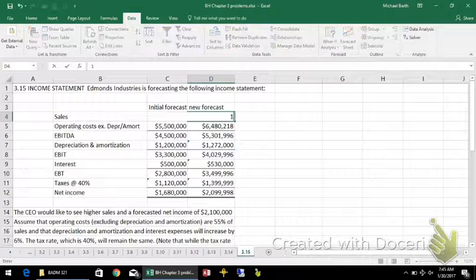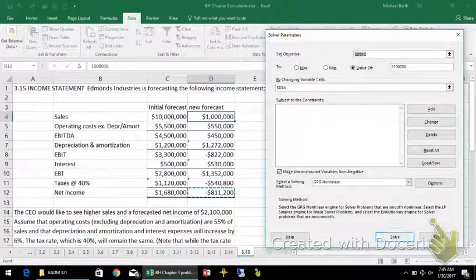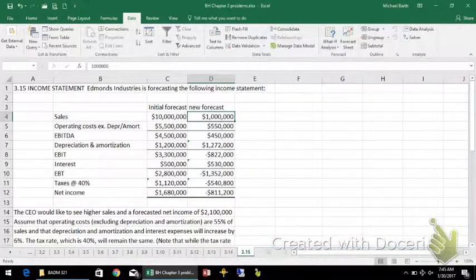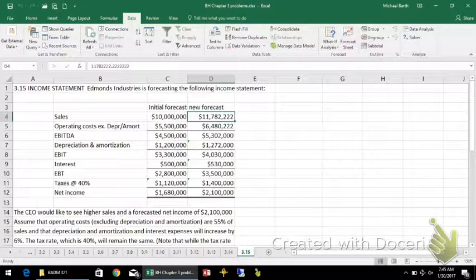So let me start with a lower number, and you can reset those settings to be a little more precise.